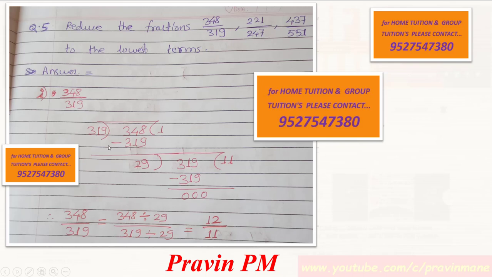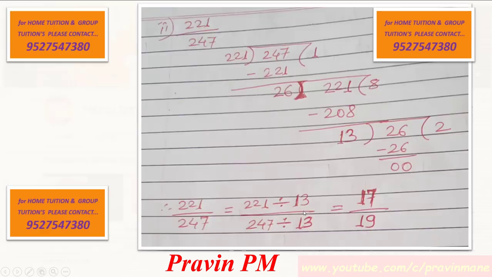So to reduce this fraction 348 divided by 319, we will divide each number, that is the numerator and the denominator, by the HCF. So 348 divided by 29, 319 divided by 29 is equal to 12 divided by 11.